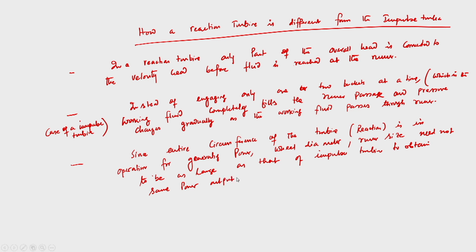It is not the case like an impulse turbine, because in an impulse turbine only 1 or 2 buckets are involved at a time and energy conversion takes place in the nozzle, which then strikes the buckets. So if you would like to obtain the same power output from 2 different power plants, one equipped with an impulse turbine, another equipped with a reaction turbine.